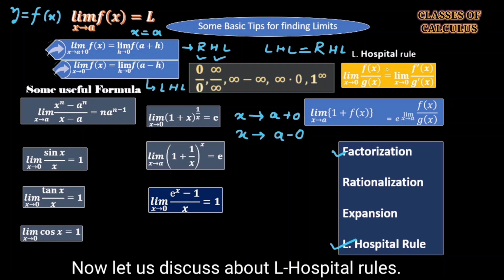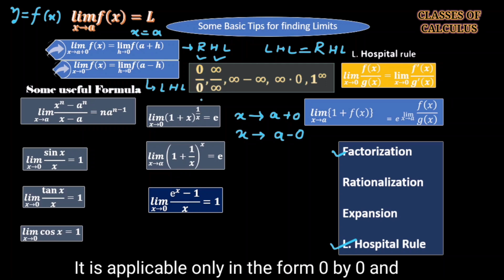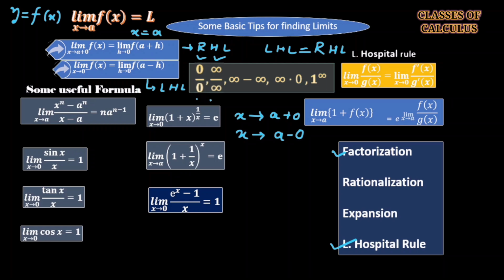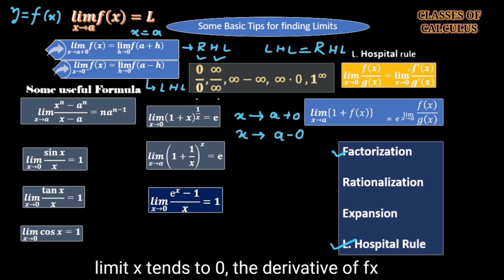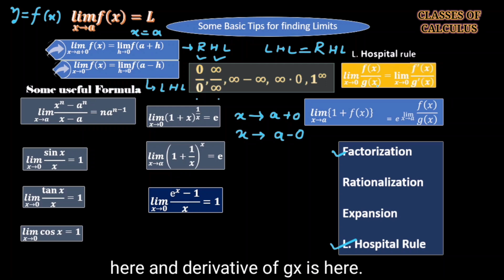Now let us discuss L'Hospital rule. It is applicable only in the form 0 by 0 and infinity by infinity. The rule is: limit x tends to 0 of f(x) by g(x) equals limit x tends to 0 of the derivative of f(x) by the derivative of g(x).